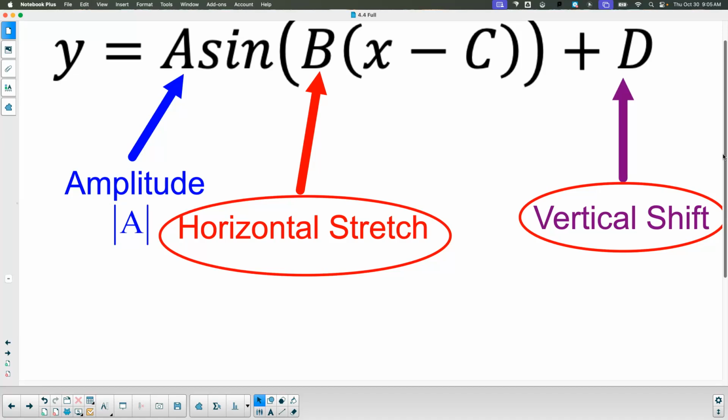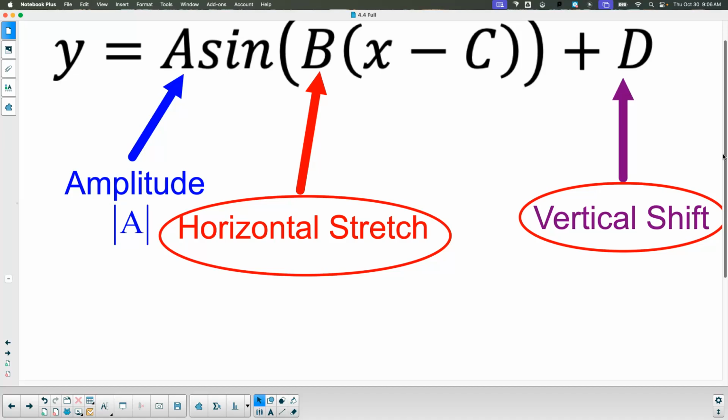If it's a sine graph, you start in the middle, you go up, you go back to the middle, you go down, you come back to the middle. If it's cosine, start up, middle, low, middle, high. Start with that graph. What B does is it takes those blue numbers along the horizontal axis and it just changes them.